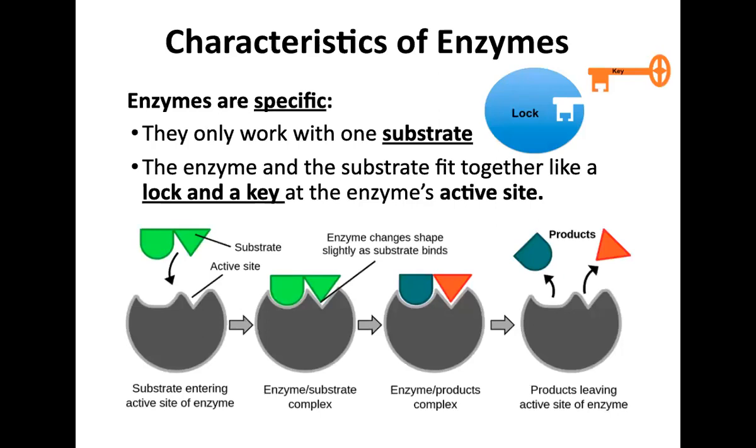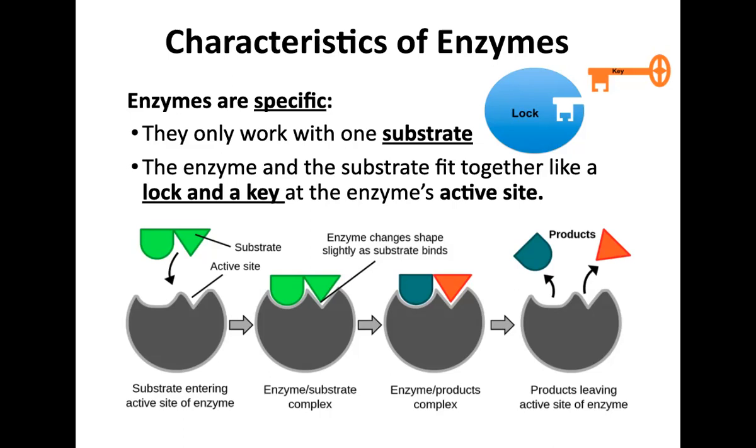All right, so there are two characteristics of enzymes that we need to know. The first is that they are specific. The best way to remember this is that they work like a lock and a key. For example, if I have two keys on my keychain, one says 305 and one says 311, and I put the 311 key in the door, am I getting in?